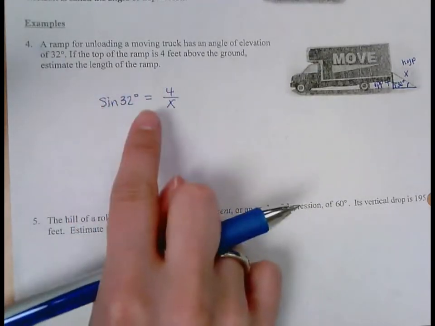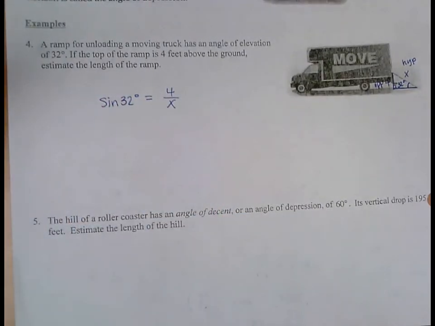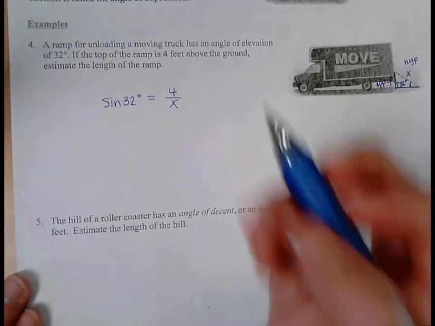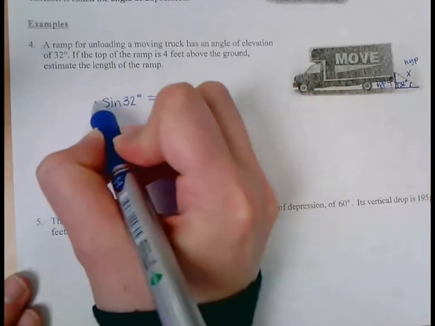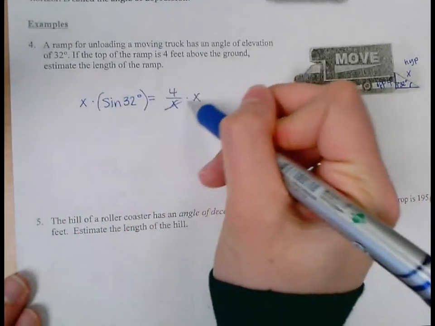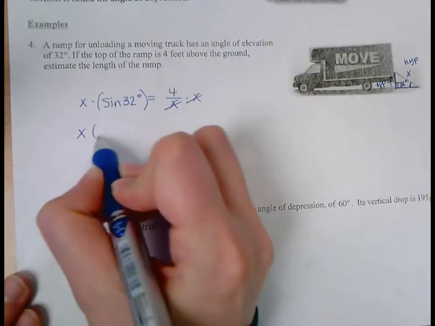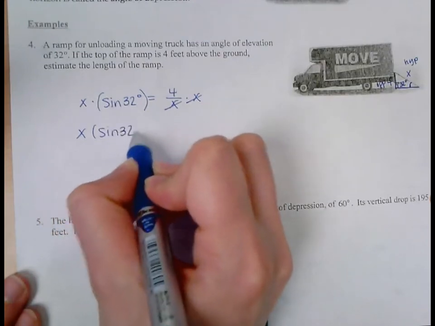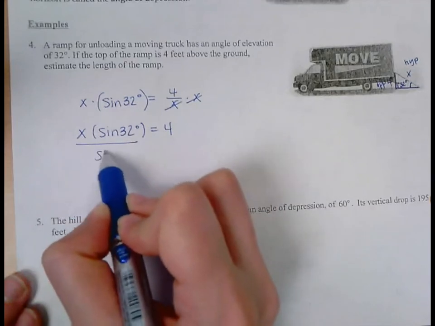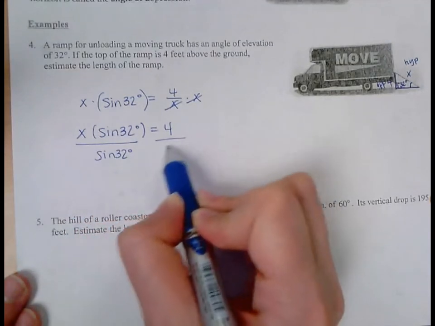This is similar to the first example we went through. Your x is in the denominator, so I would first multiply both sides by x. Again, that sine of 32 is representing a number. So I have x times sine of 32 degrees equals 4, and then divide by sine of 32.